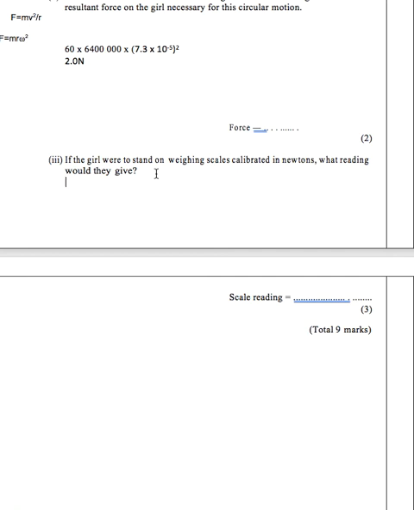But that's the case here, that you have 60 times 9.8, which is her weight, minus 2 would be the reading, which would be 586 newtons. That would be the value of the reading on the scales.